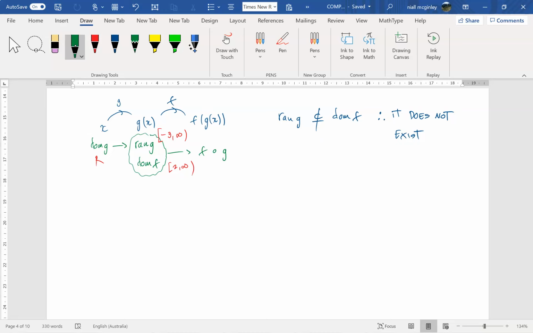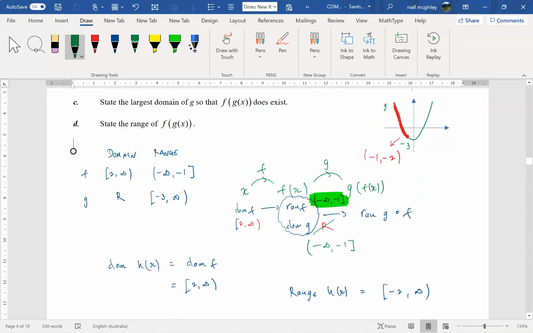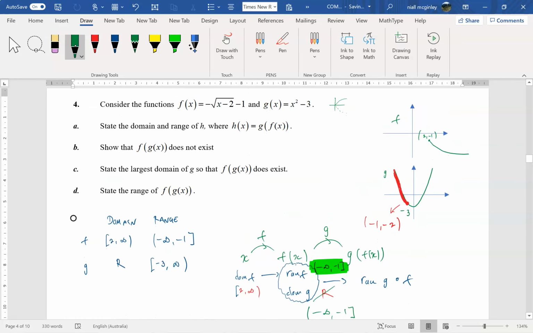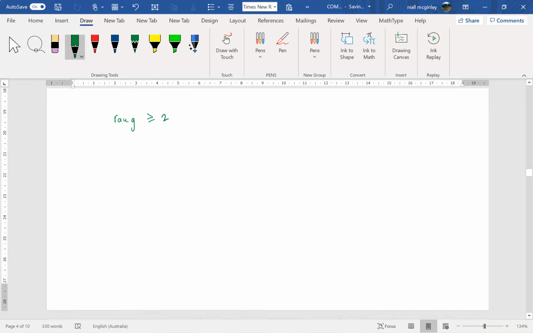So as long as the range of g is greater than or equal to 2, then it's going to exist. There's not going to be any problems there. Now, we get the range of g by using the function, and the function g is x squared minus 3. So x squared minus 3 must be greater than or equal to 2.